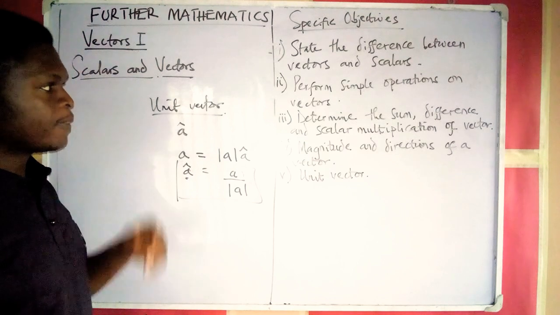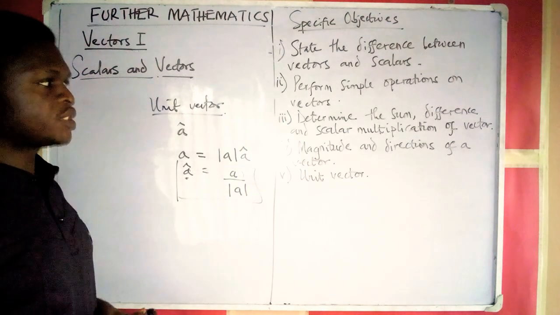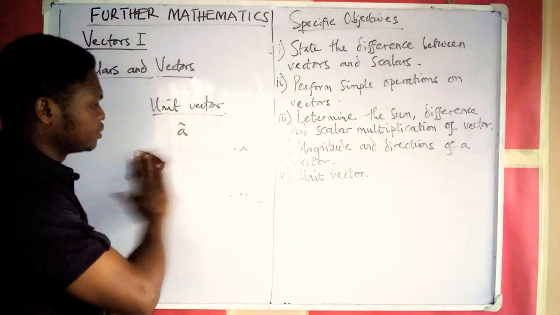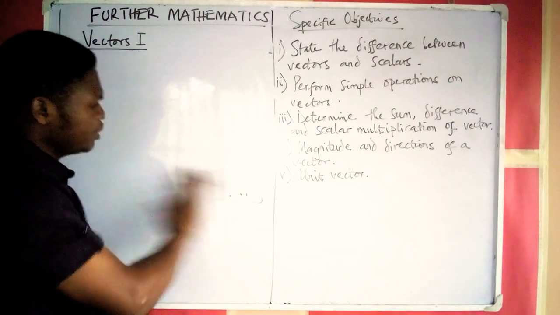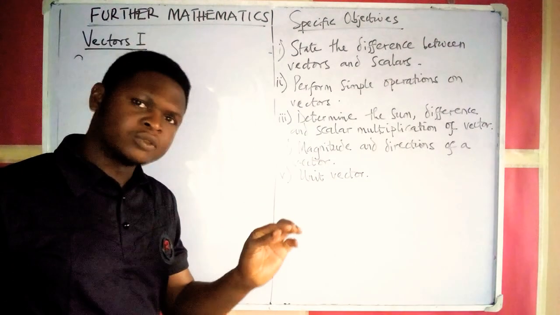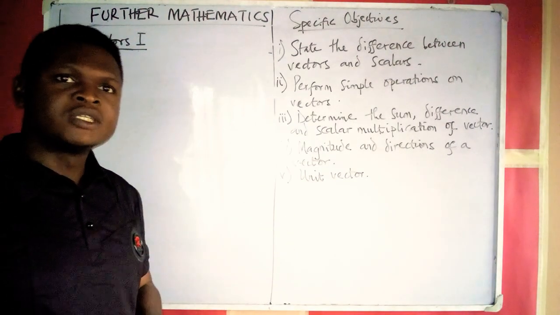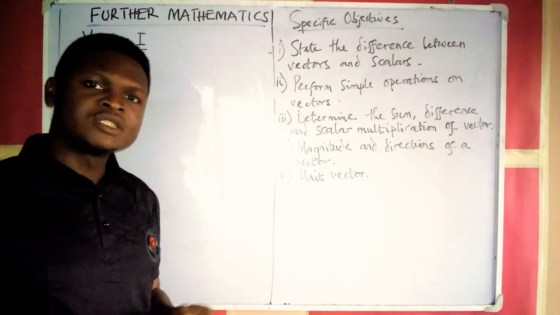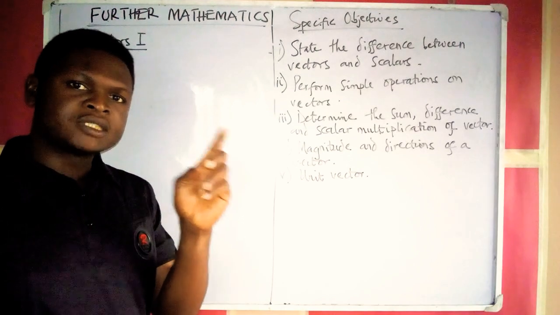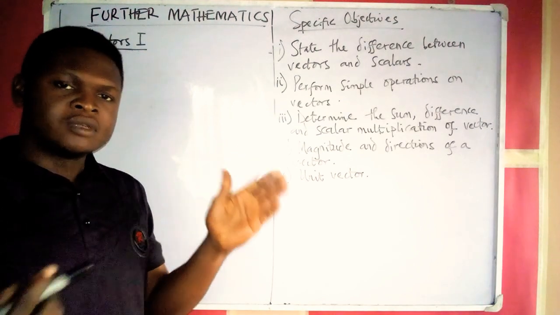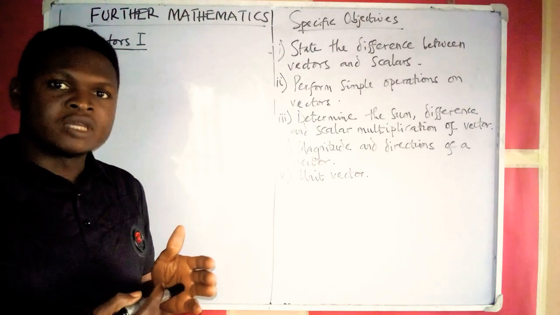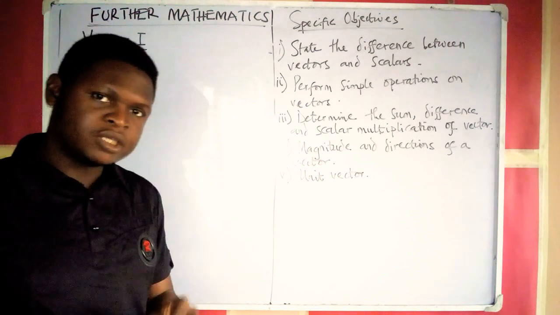So having done this, we will now go into the sum, difference, and scalar multiplication of vectors. Now, before we talk about this, there is what we call resultant vector. Resultant vector simply means that single vector that has the same effect when two or more vectors act together in magnitude and direction.